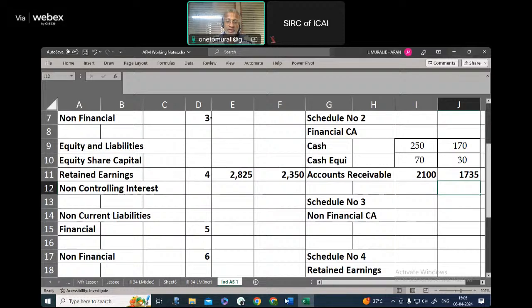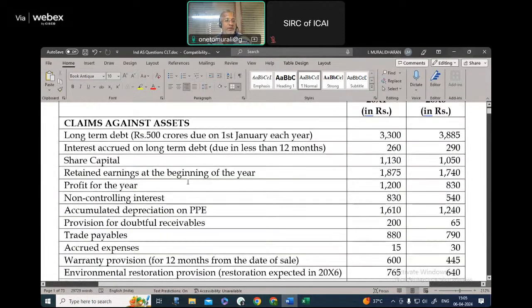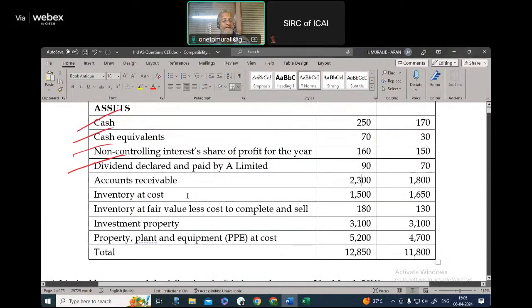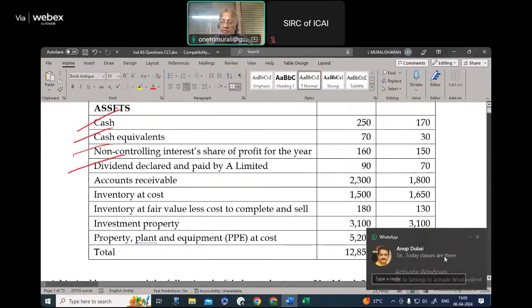We have accounts receivable that way. So inventory at cost will not come under financial item. So there is a need for me to explain what is financial and non-financial. I will do that when we take up financial instruments. At this moment, you can take it up as under financial.